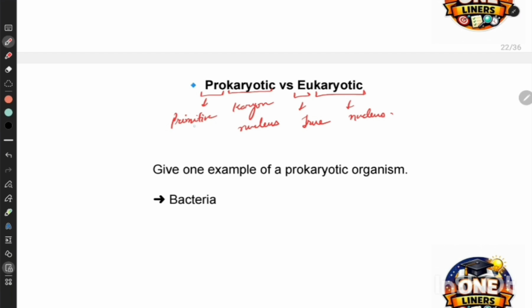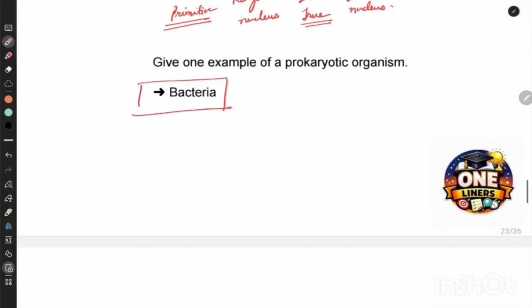So organisms contain primitive nucleus are prokaryotic, and organisms containing true nucleus are eukaryotic. So give one example of prokaryotic organism. It is bacteria. Okay, so bacteria has primitive nucleus, right? Not well-defined nucleus. So it is prokaryotic organism.